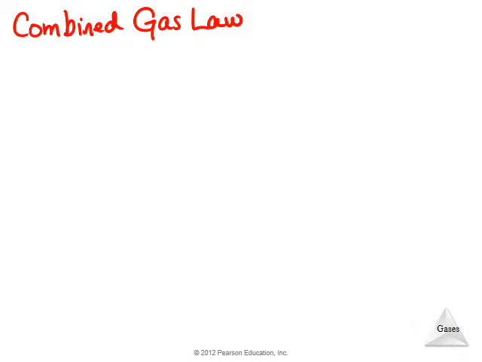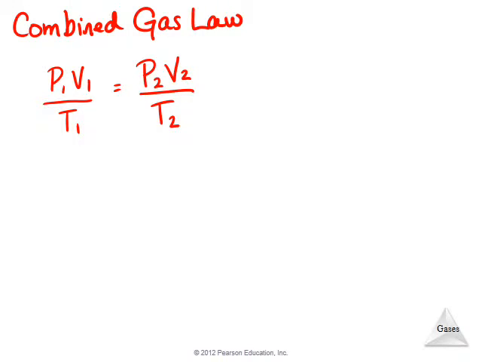We could include Avogadro's, but it takes Boyle's, Charles', and Gay-Lussac's law and puts those 3 together in an equation. And that equation is really nice. It's P1 V1 over T1 is equal to P2 V2 over T2. And those are at a constant number of moles.